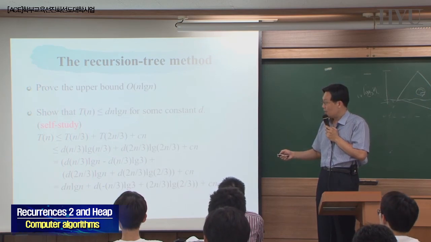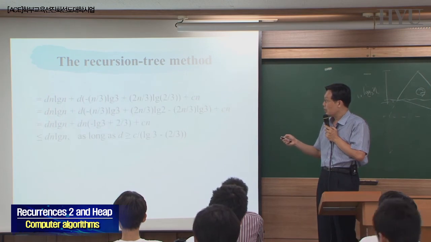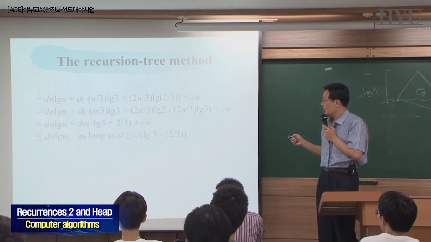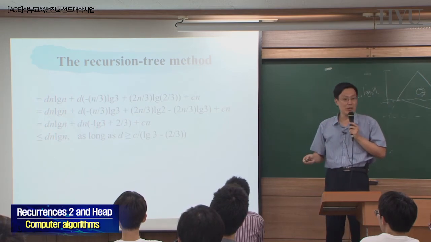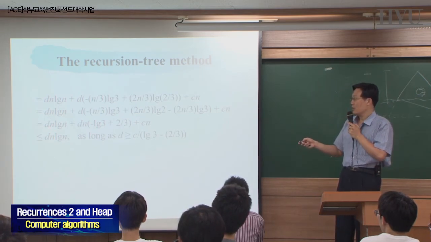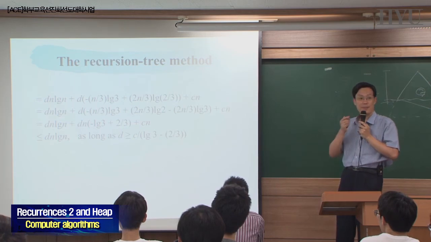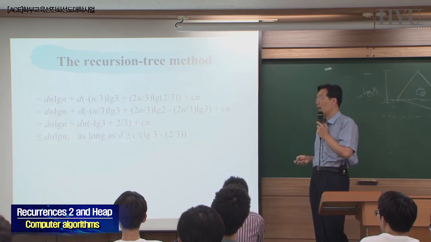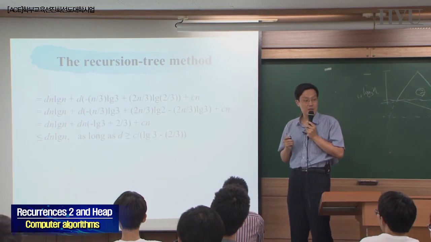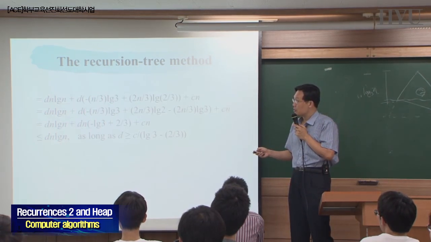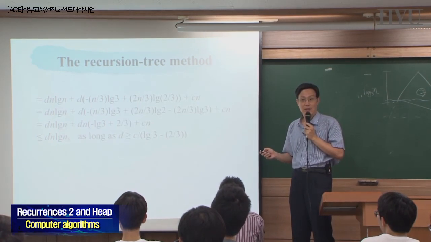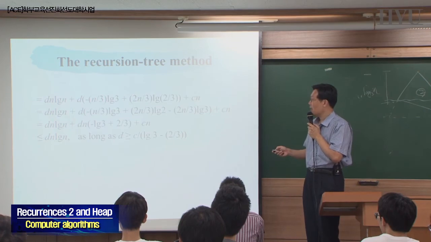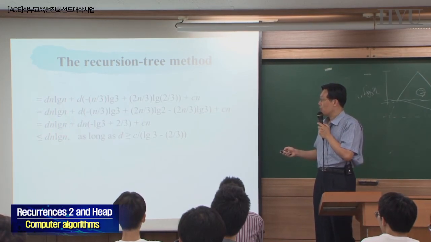Then adding these terms, we get here, and by doing some calculation, we finally got this. Our aim is T(n) is smaller than or equal to dn log n. Then from that, we obtained this.